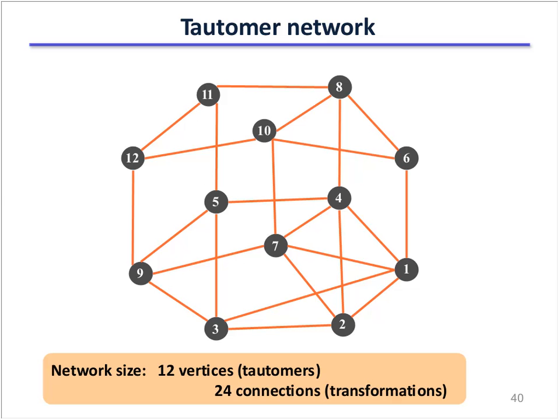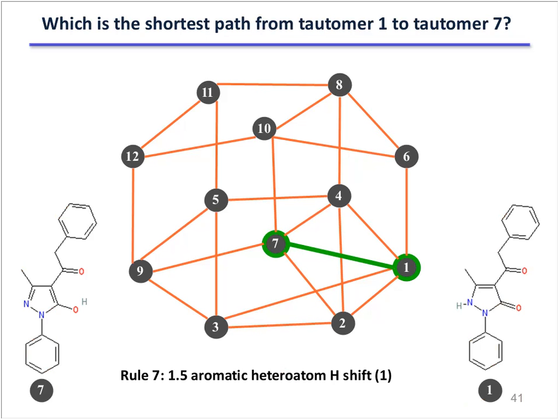So from this structure, one step is rule 7 by 1 step, and if you go by this path, you can see another 2 steps or 2 rules. If you go by this, again 2 steps, and if you go by alternative rules, you can go by multiple steps to reach that structure. So this is rule 7, by which these two structures can interconvert in a single step.